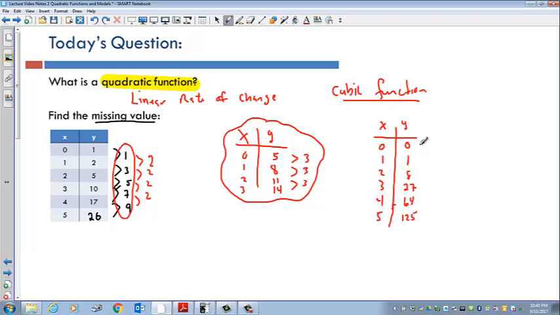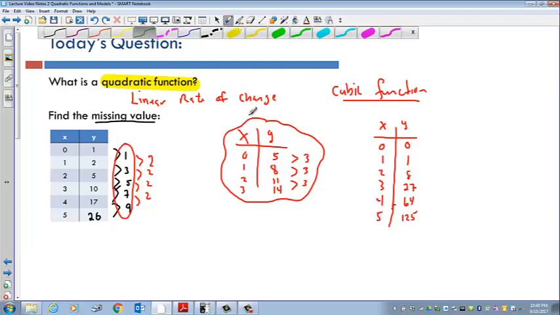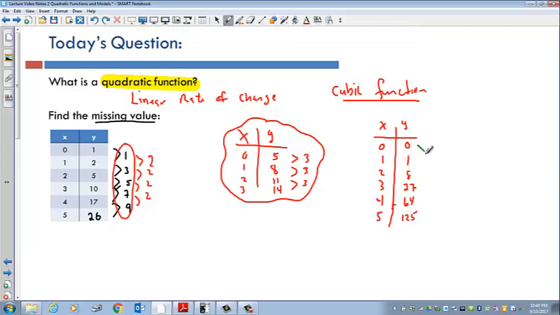When you look at the differences on this data, which is cubic, by the way, I just cubed these to get these outputs, you'll see that this is 1, this is 7, this is 19, this one is 37, and this one is 61.